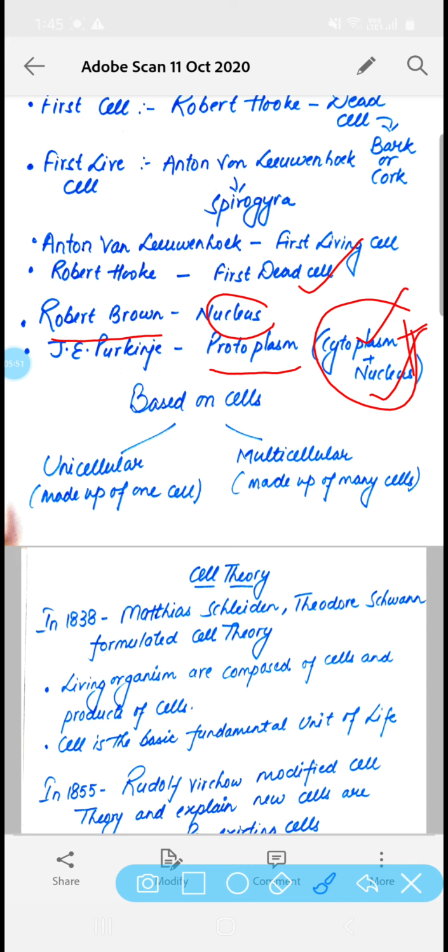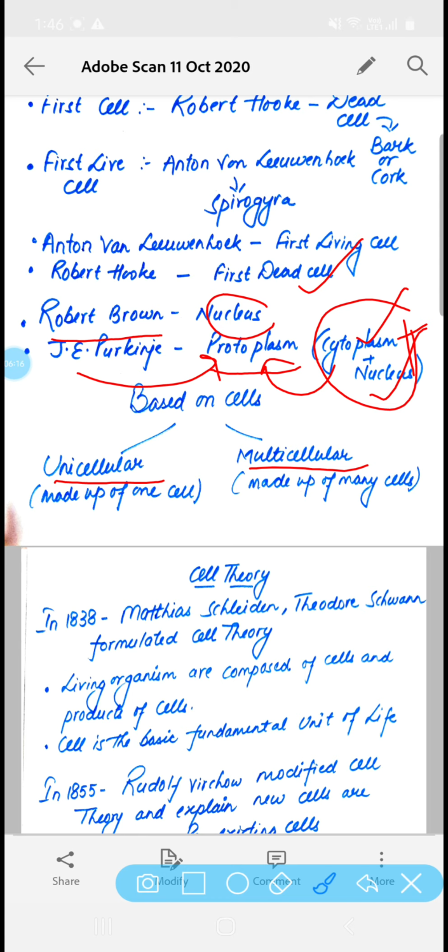The combination of cytoplasm and nucleus is termed protoplasm. This protoplasm was named by J.E. Purkinje. Clear?